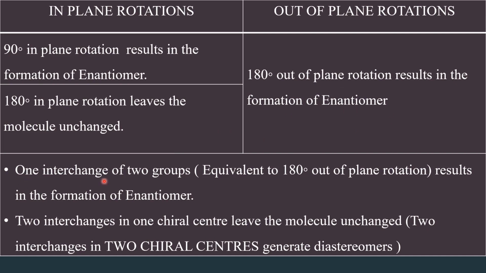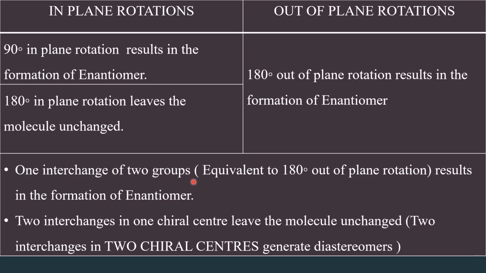So one interchange of two groups in a Fischer projection is equivalent to 180-degree out-of-plane rotation, which always results in the inversion of configuration at the chiral center, which means that the process results in the formation of the enantiomer. Therefore, one interchange of two groups results in inversion of configuration.